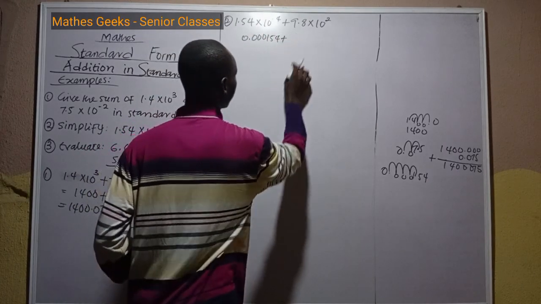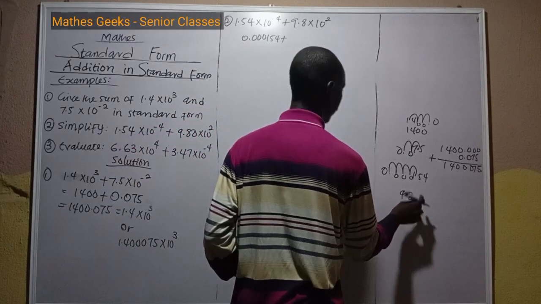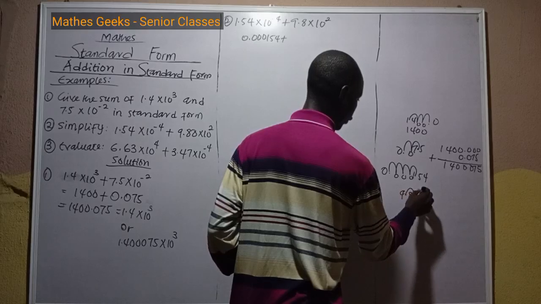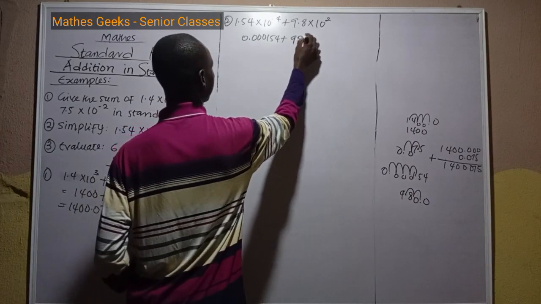That gives 0.000154 plus 9.8 times 10 raised to the power 2. For 9.8, we're moving the decimal point 2 places forward, which is 980.